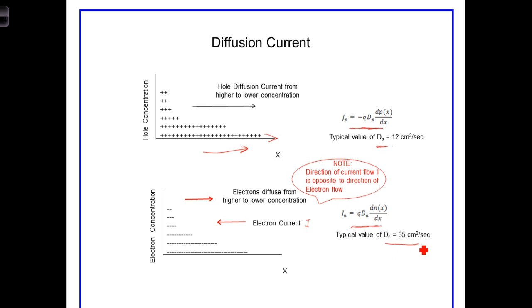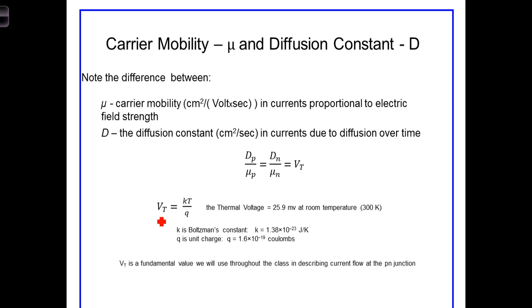And the diffusivity of the electrons is much greater, almost 3 times greater than that of holes.